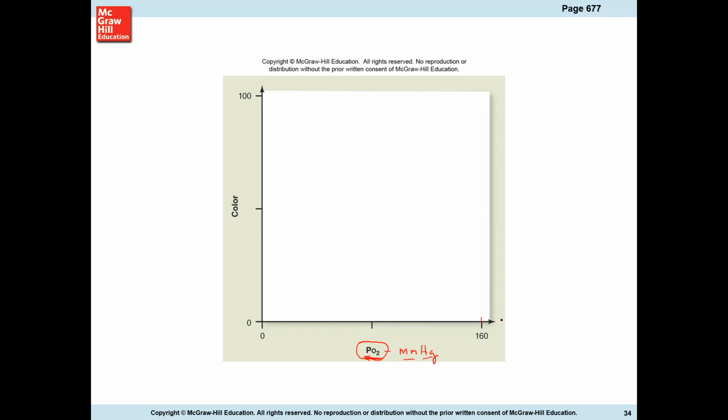At sea level, that's about 160 millimeters of mercury, which is excellent. But as you go to higher elevations, that could be significantly lower, like 113 millimeters of mercury. It's really hard to go through your respirations, like alveolar respiration and tissue respiration, if the partial pressure of oxygen is low. So you're going to be in respiratory distress when you go to higher altitudes.